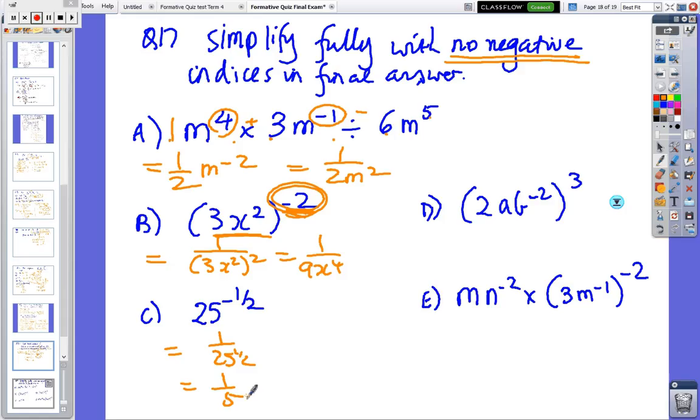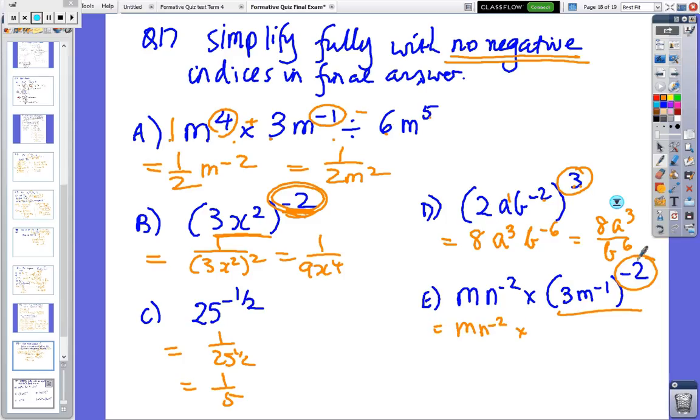Okay. Next one, we've got a positive outside, so we don't have to do any flipping. So 2 cubed is 8. 1 times 3 is 3, minus 2 times 3 is minus 6, and then just take the b down to the bottom. Okay, next one, we'll expand this out first, so we've got m to the minus 2 times.